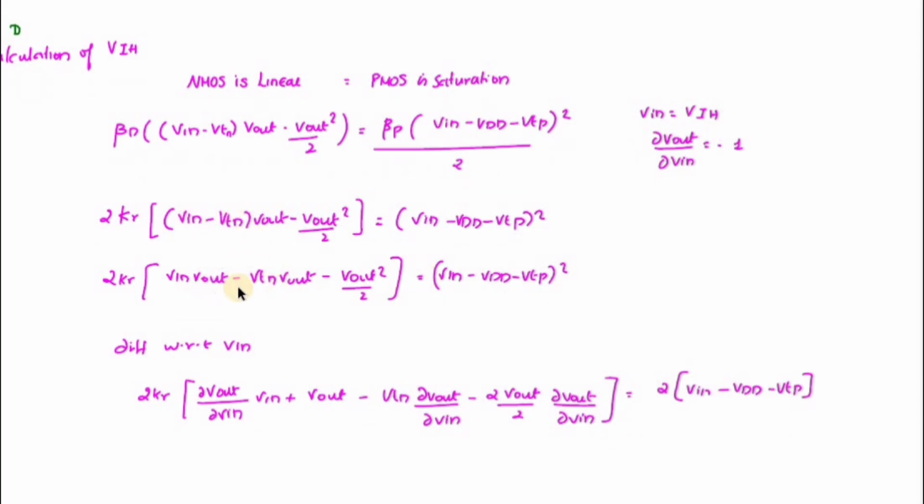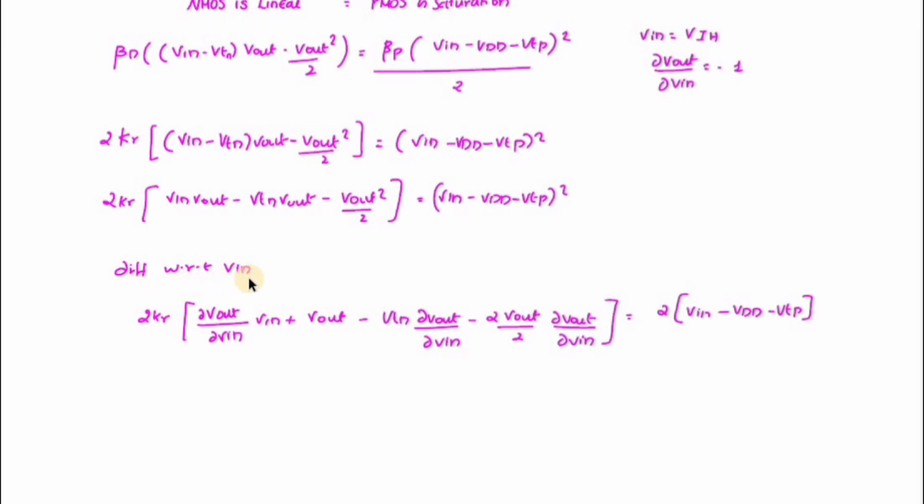Like this, I will get the equation, and I'm going to differentiate with respect to Vin. So 2KR into (∂Vout/∂Vin Vin plus Vout minus VTN ∂Vout/∂Vin) minus 2 Vout ∂Vout/∂Vin is equal to 2 into Vin minus VDD minus VTP.